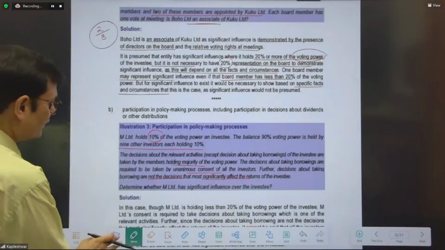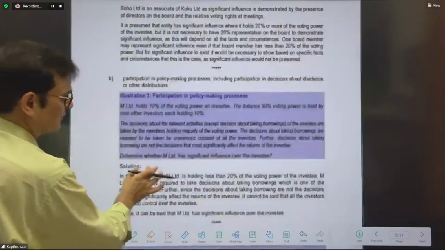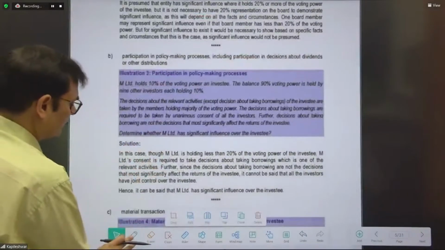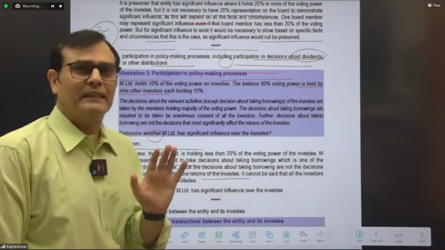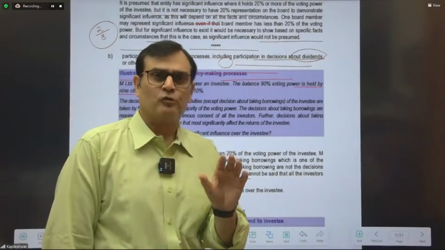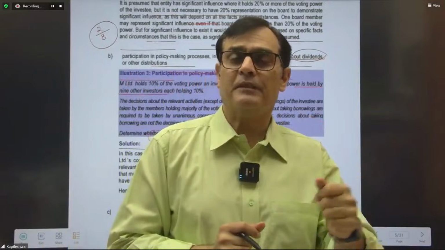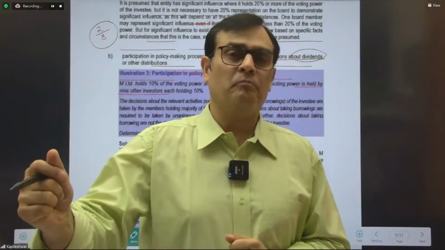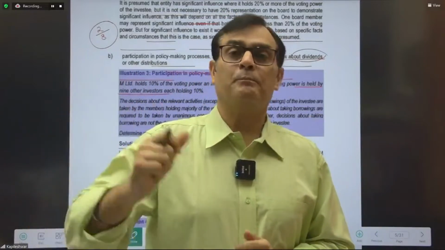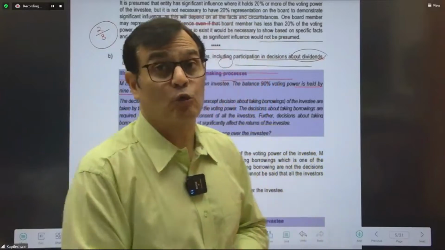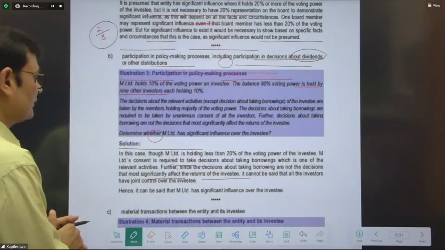You could fight out these cases with more things as well. But as I said, it's all going to be completely judgmental in nature. So we're just trying to give examples in terms of para 6 that with less than 20% along with participation in the policy process could indicate a significant influence.